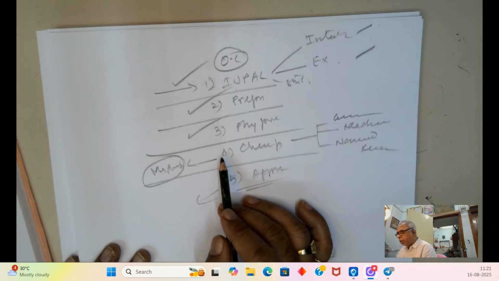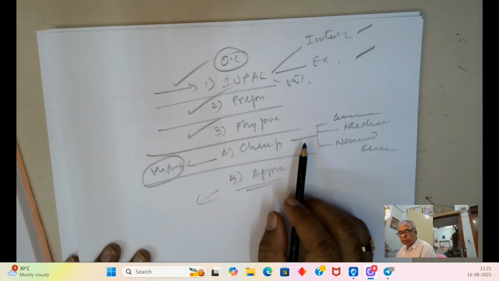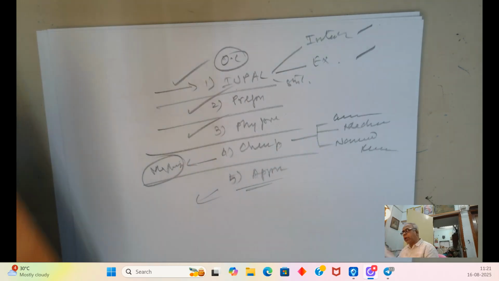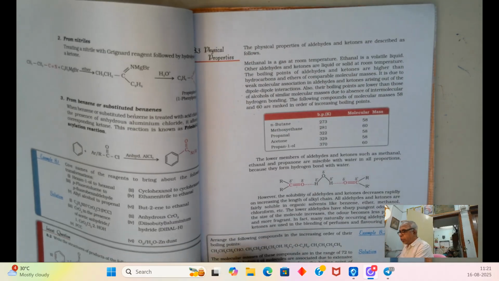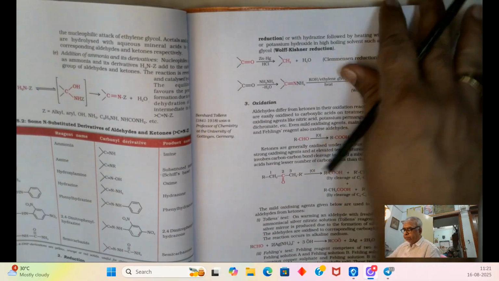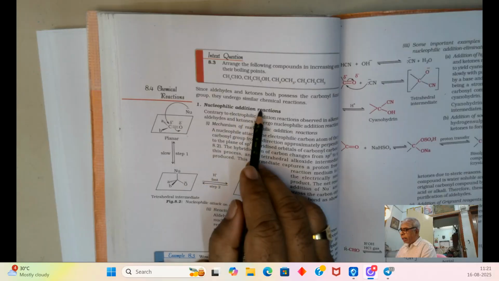So it may have a number of reactions. For example, I'll show you one simple mechanism where the condensation reaction is there, but you've got nearly 7 to 8 reactions in that. Let me talk about this condensation reaction. So here, first of all, you've got the nucleophilic addition reaction.